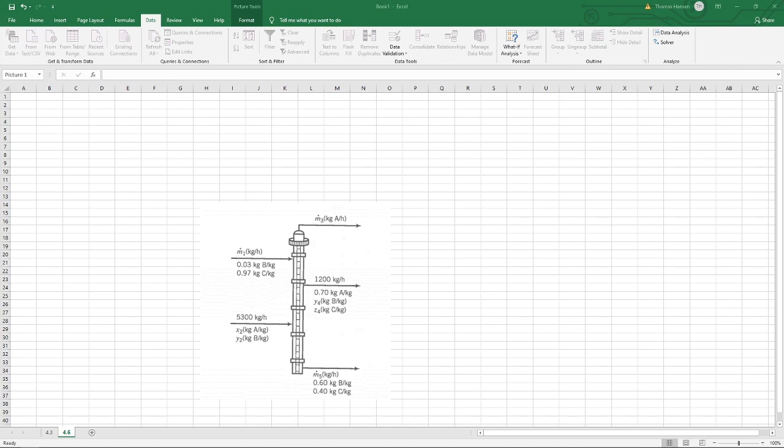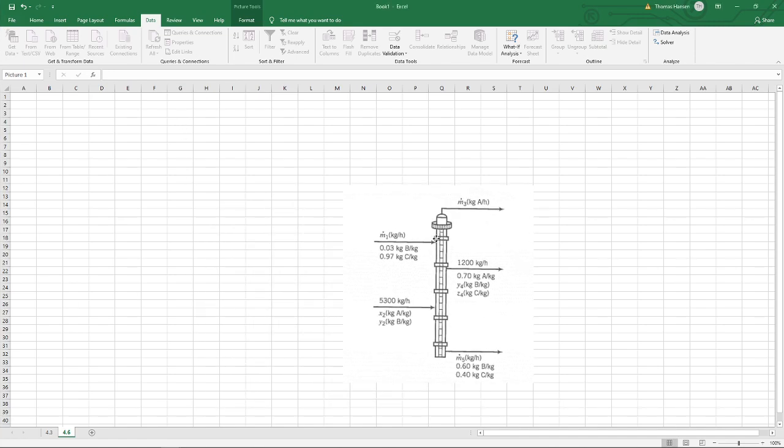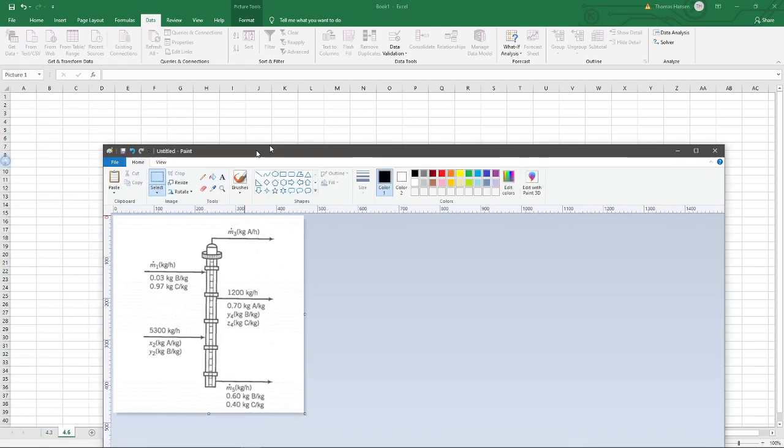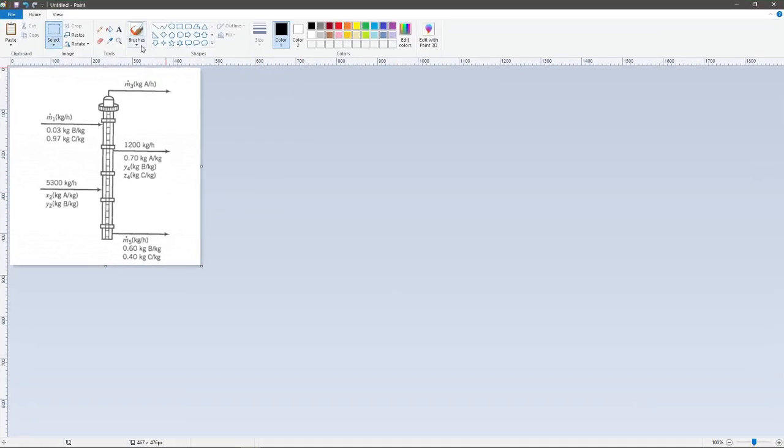Where is the solutions? Fine. We will do it like this. Here we go. Paint is the way to go.